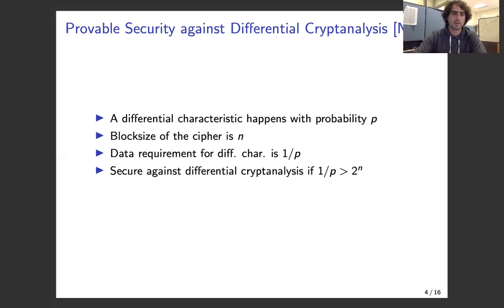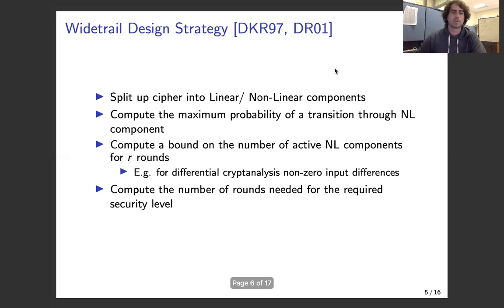So the work by Nyberg and Knudsen was the basis for the Wide Trail design strategy that was also employed in the design of the AES. The Wide Trail design strategy looks at the construction of the cipher, and it tries to bound the probability of the best differential characteristic.